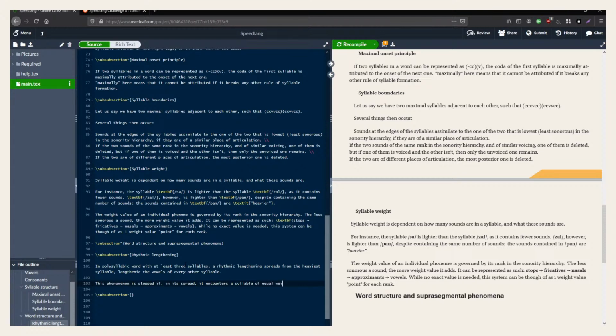Of equal weight to the one spread from. What if there is... So let's say that there are 3 syllables in the word. One is of value 4, then 2, then 4. It's not going to spread at all. But what if it's like 2, 4, 2, 3, 4? Then they are an odd number apart, so spreading from both is going to lengthen every syllable.